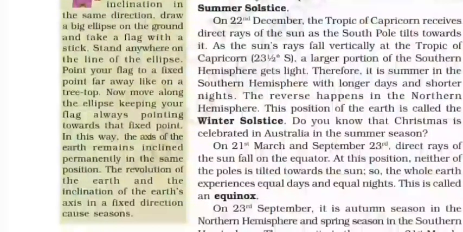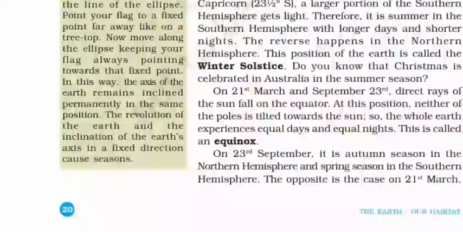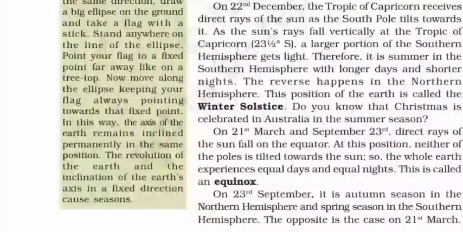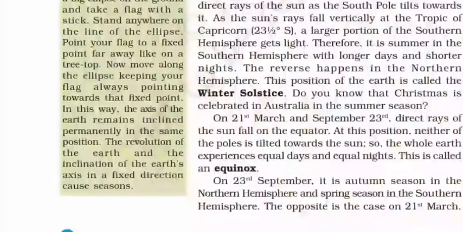So that is the main cause over here. There are basically 4 types of positions of the earth, so that is the reason why we call them by different names.